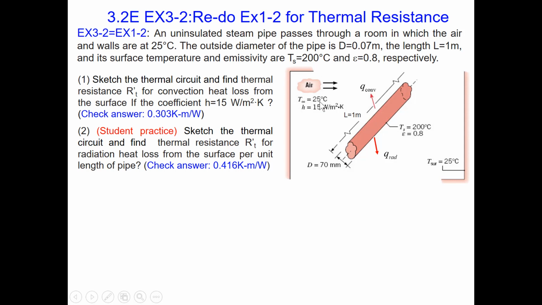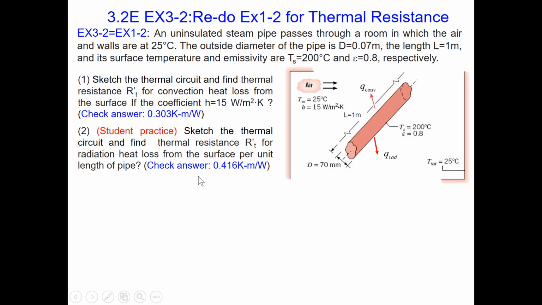It is exposed to cooler air at 25 degrees with heat transfer coefficient h. We need to sketch the thermal circuit and find the thermal resistance RT for convection heat loss from the surface.